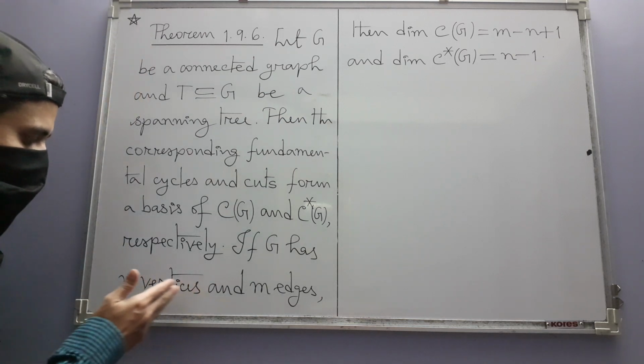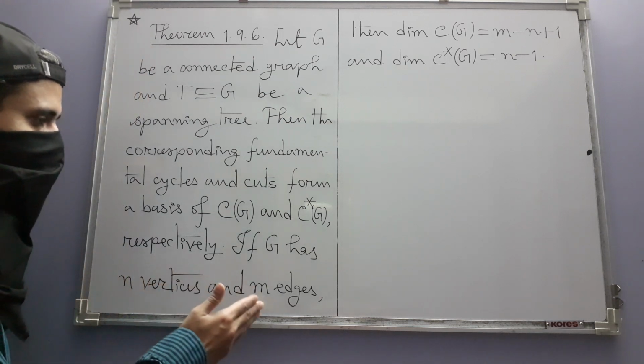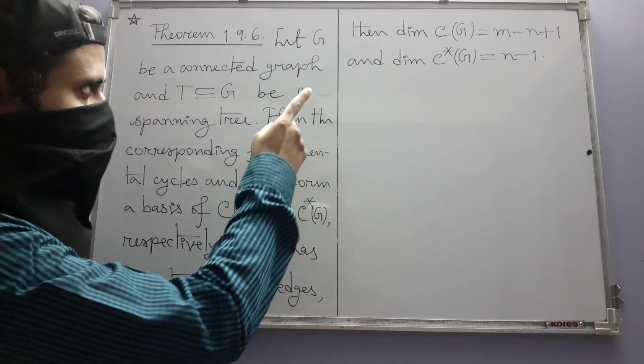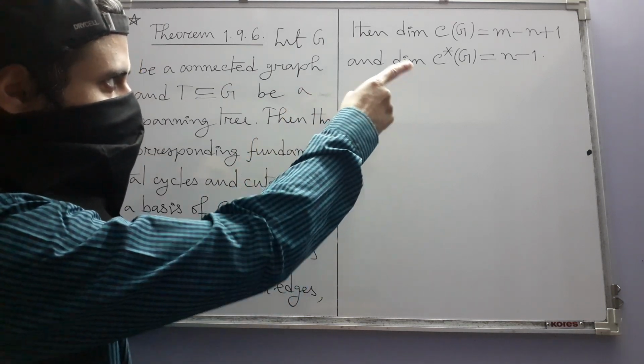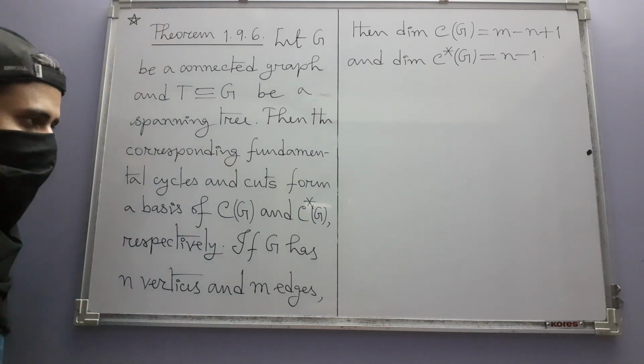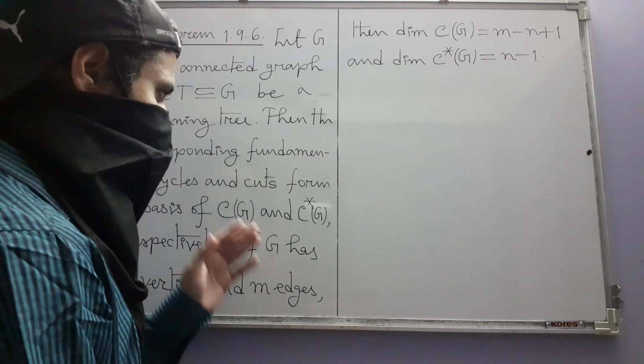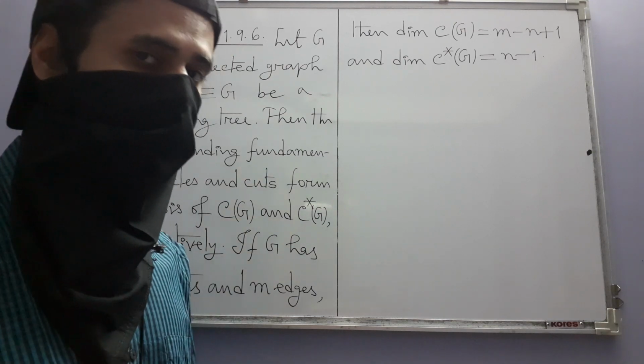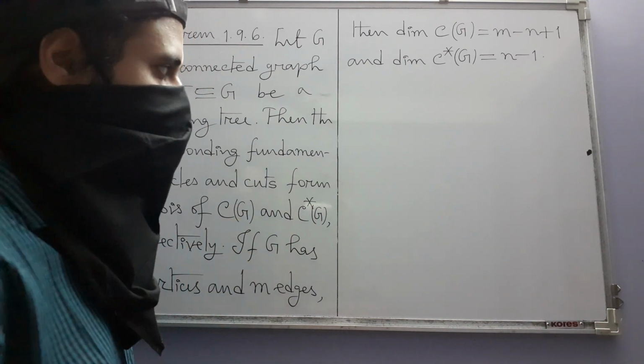And in fact, if the graph has n vertices and m edges, then the dimensions of these spaces are given by those relations. So let us recall what fundamental cuts and fundamental cycles are.